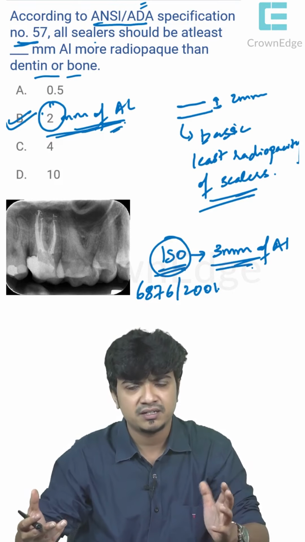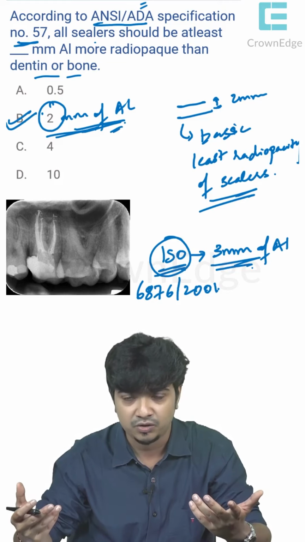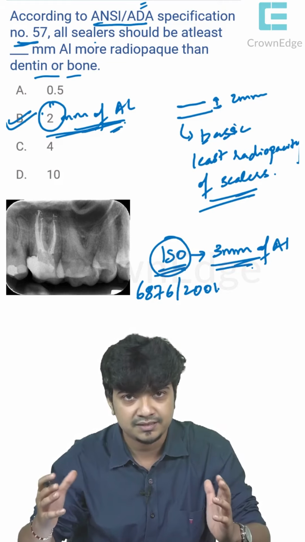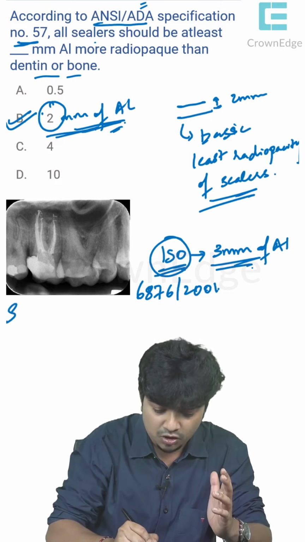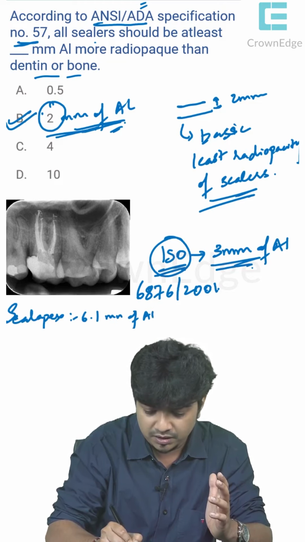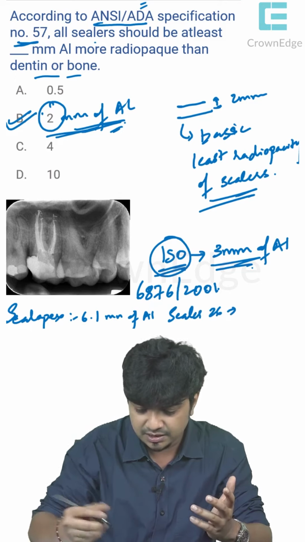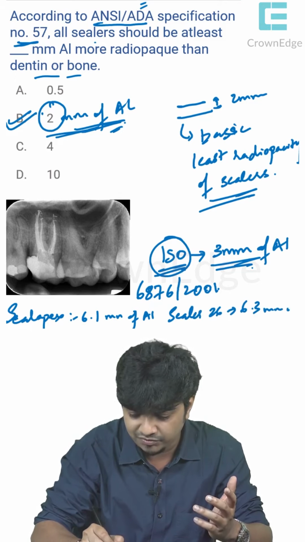So various sealers such as your Sealapex, which is a calcium hydroxide medicated root canal sealer, has its radio opacity in the range of approximately 6.1 mm of aluminium. Your Sealer 26 has approximately 6.3 mm of aluminium.